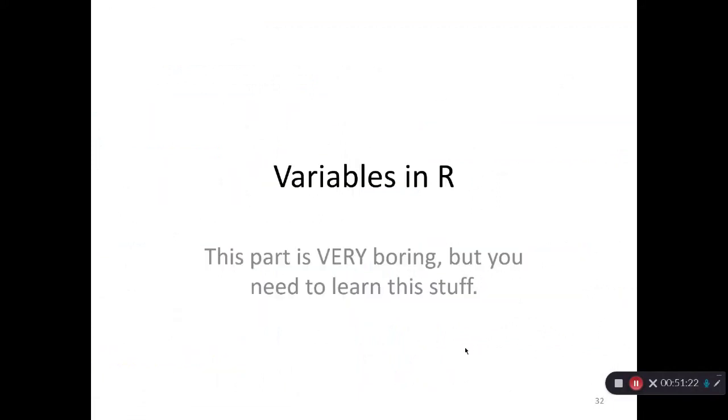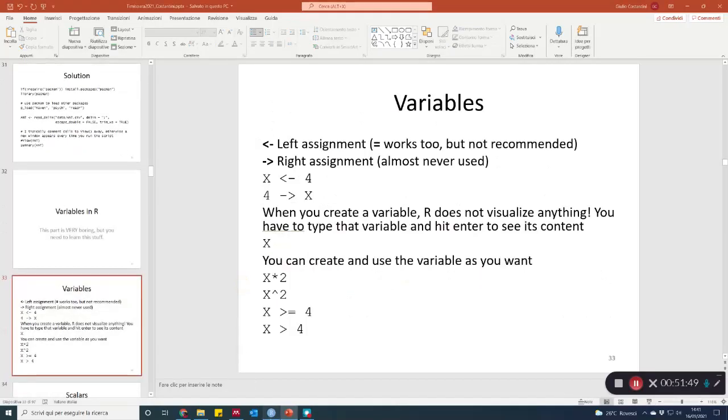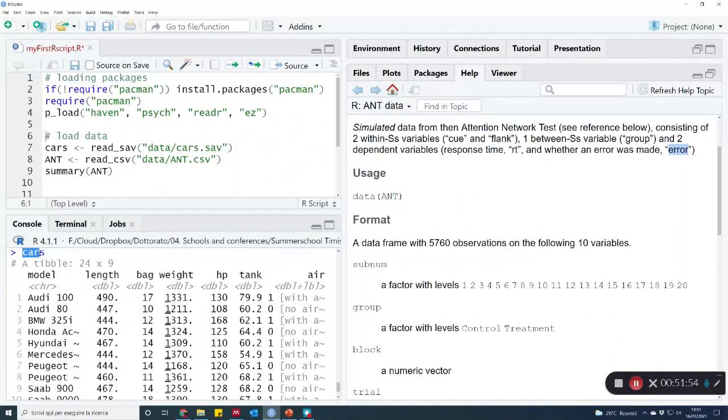Now, here comes a very boring part. I will go very quickly through this part, but it's good that you have some resource that you can go through to check, have some more information about what each variable type is in R. You have already noticed that not all variables are equal in R. So you have, for example, in our current environment, that cars is essentially a variable that includes many variables.